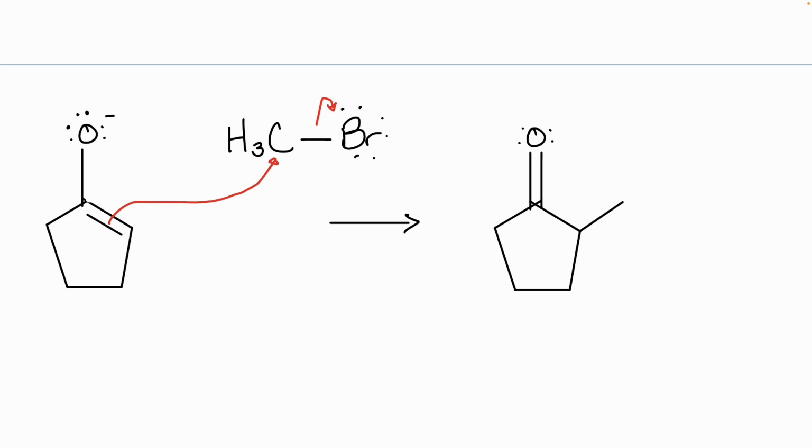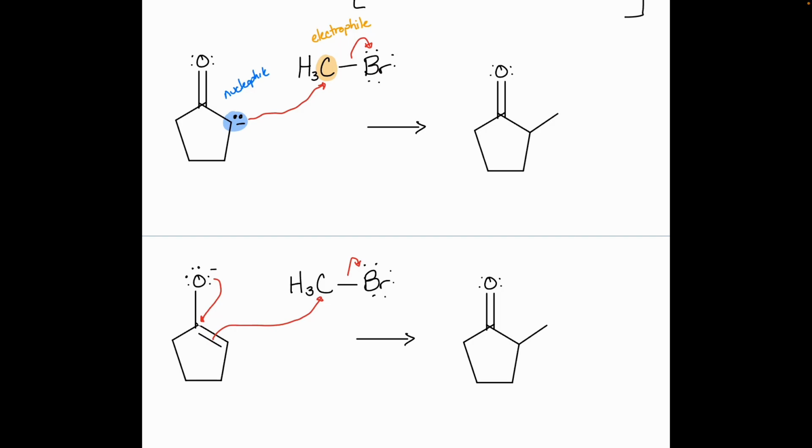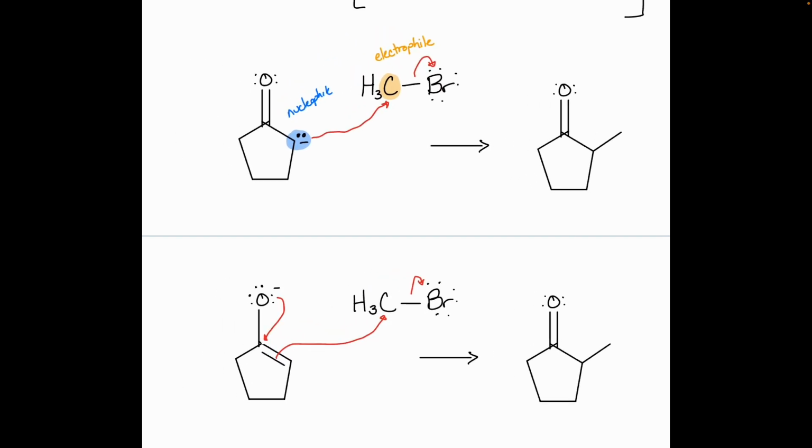So all in one shot, this pair of electrons is going to come down at the same time that that pi bond is reaching out and reacting with that carbon. All right, so this is how I get my same product regardless of which resonance contributor I use for my enolate ion. Okay, because again, I'm making a really big stink about how these here are the same molecule, what we call that enolate ion.